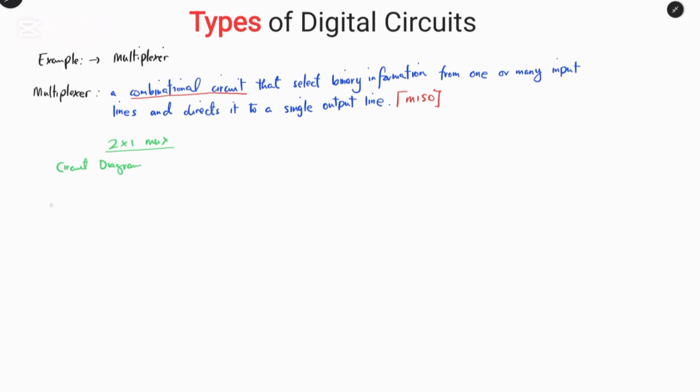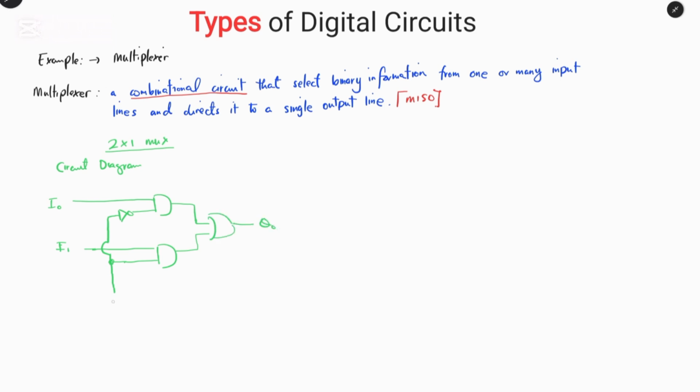We should have I0, which is the input to the AND gate, and we have a NOT gate which is connected to the input, and another AND gate which is connected to I1, and we have the select lines, and we have the output which is connected to the OR gate, so it gives us Q0.